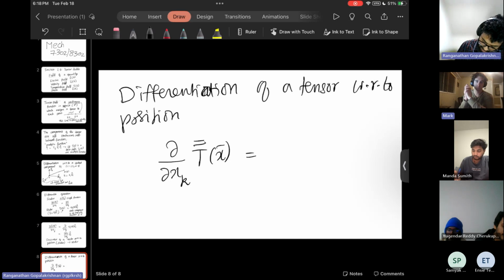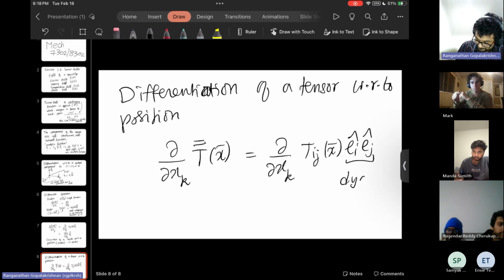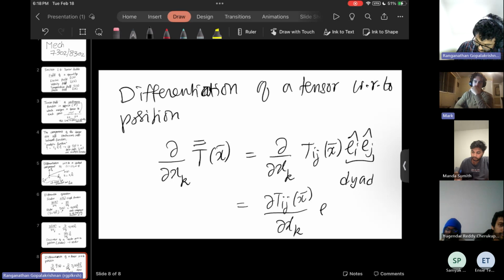This is like writing partial over partial xk of Tij, being a function of position, multiplied by or written next to Ej, the dyad. So this gives you partial Tij, a function of position, over partial xk, Ei Ej.